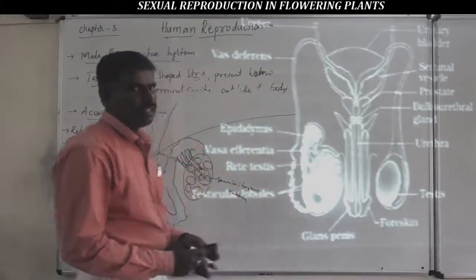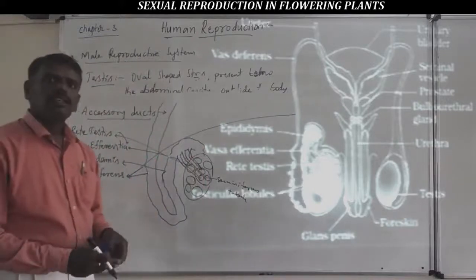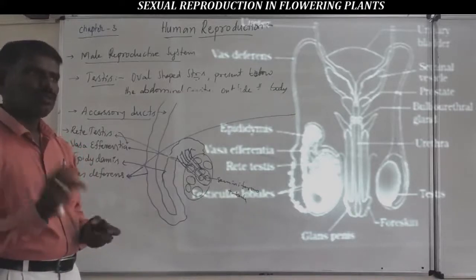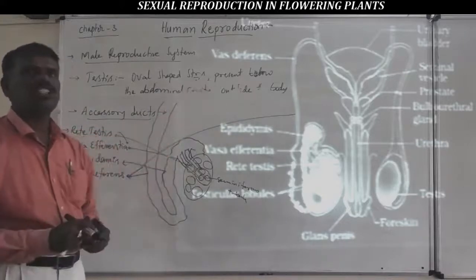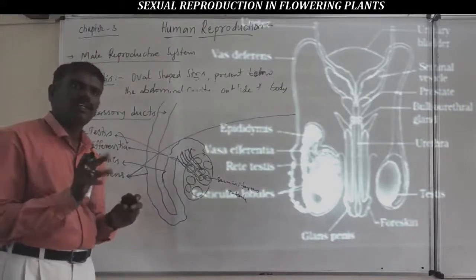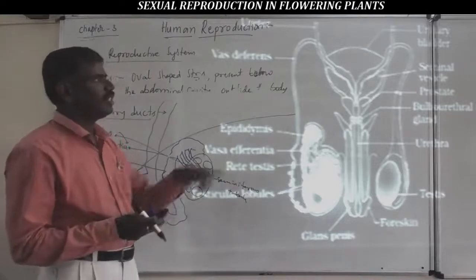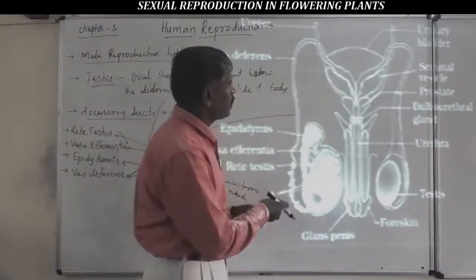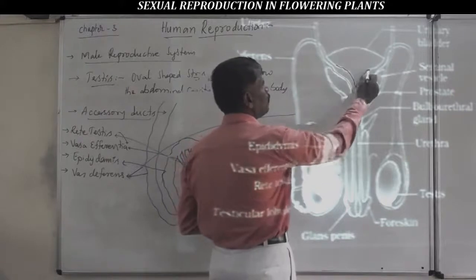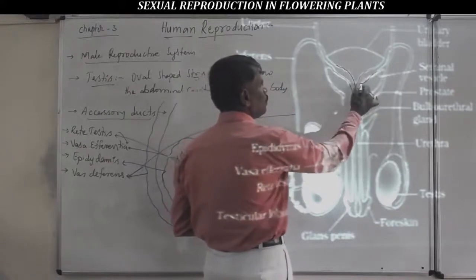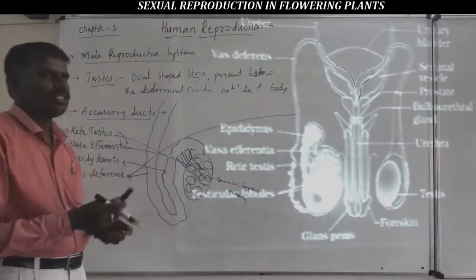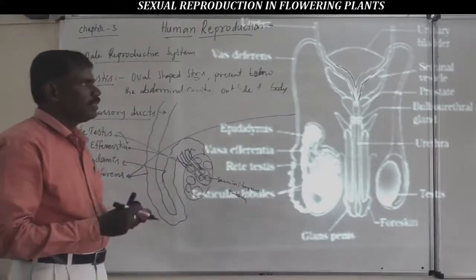The immature sperms are transported towards the ampullary region, where there is a collection of sperms and storage of seminal fluid up to ejaculation. The sperms are stored there.